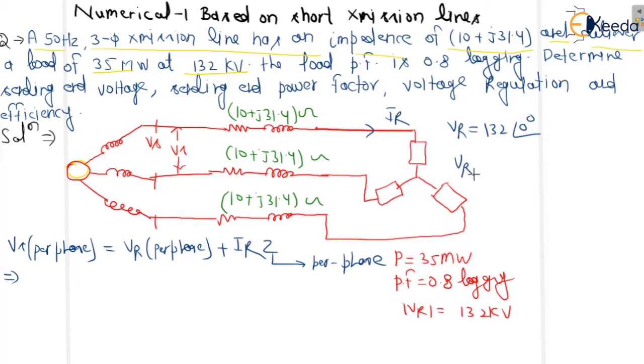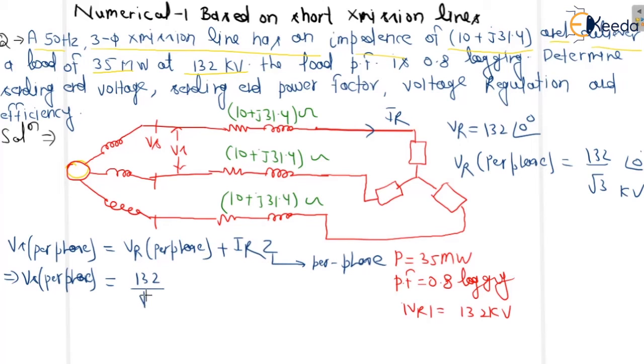So Vr per phase will be 132 upon root 3 at the angle of 0 kV. So Vs per phase is 132 upon root 3 angle 0, into 10 to the power 3, plus IR into Z.